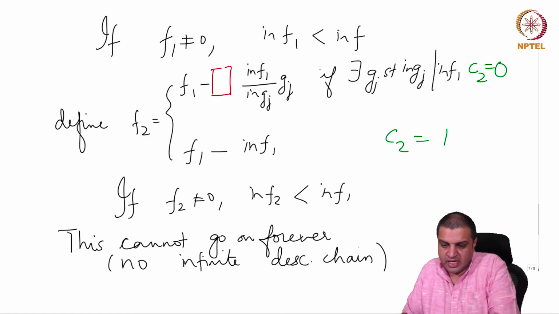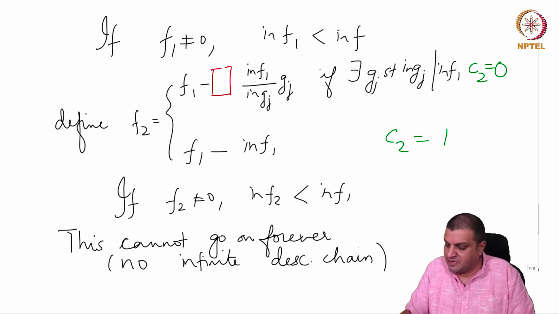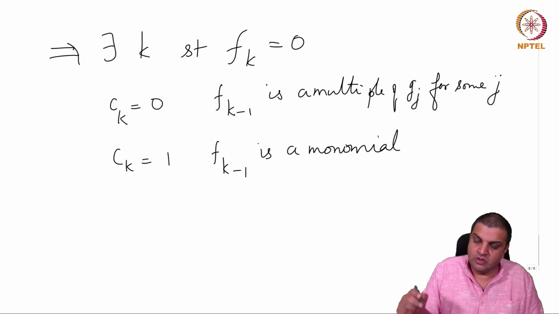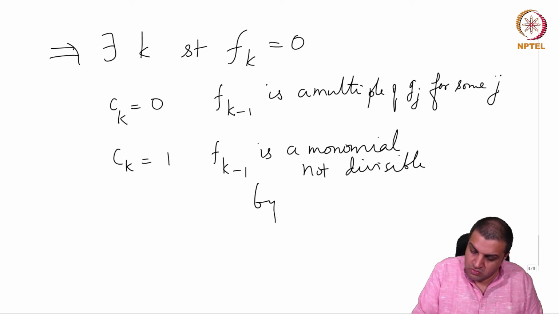Ck is 1 would mean that fk was obtained by just removing the leading term of fk minus 1. In other words, fk minus 1 is a monomial not divisible by in Gj for any j.